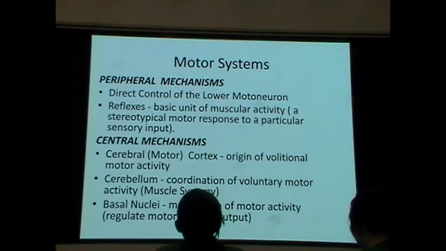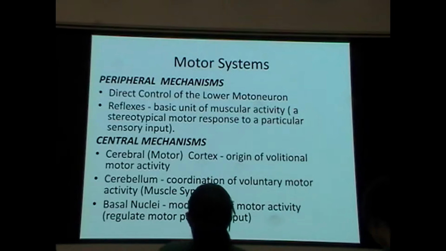Then we have basal nuclei, an older name you probably have heard some individuals still use, called basal ganglia. They modulate motor activity, regulating motor patterns, movement patterns in relationship to the types of activities that we want to do, either causing them to be more exacerbated or to a greater extent, or reducing their output to a lesser extent.